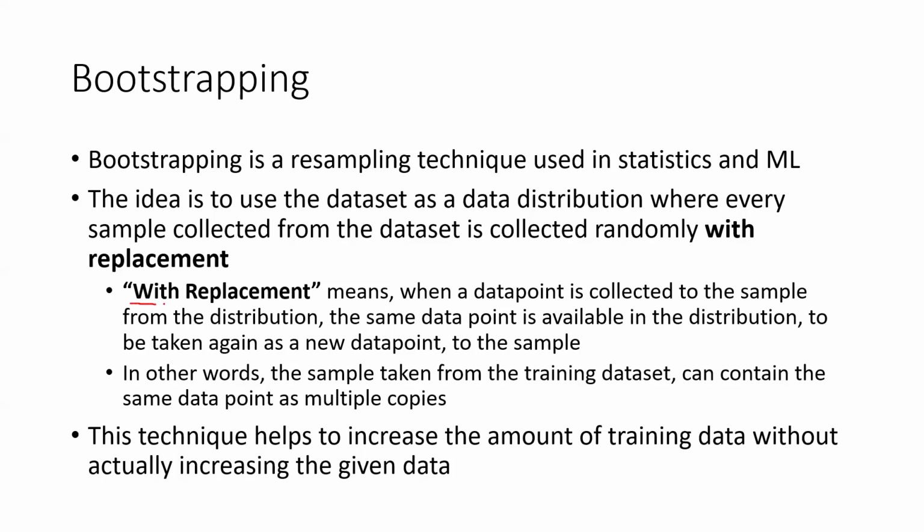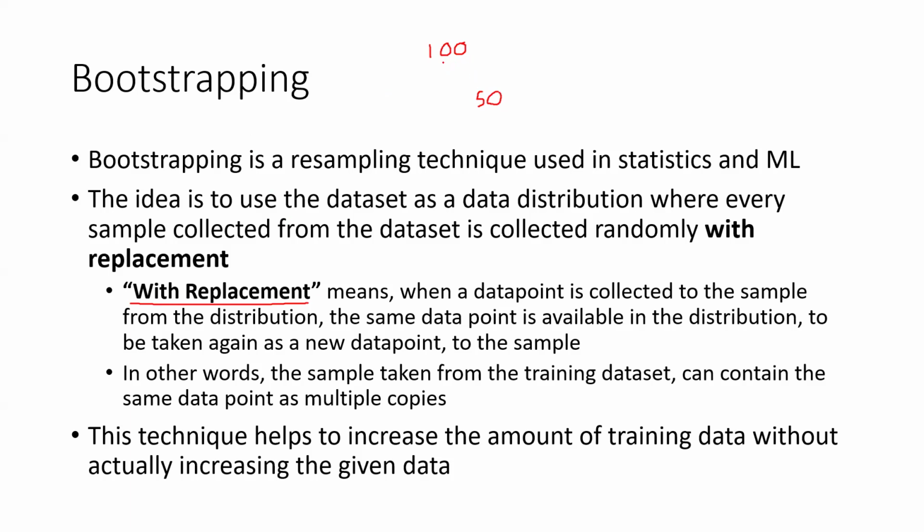For example, if you have 100 data points in your training data set, and you want to make a sample of 50 data points out of this 100, you randomly select 50 data points from it, right?